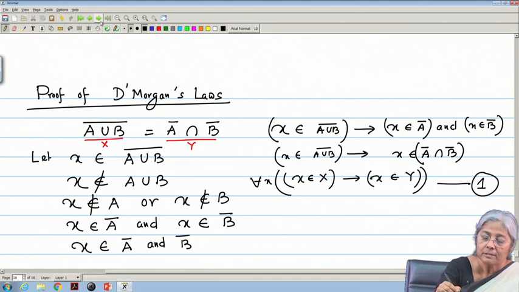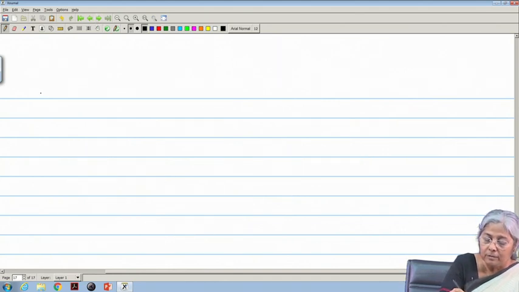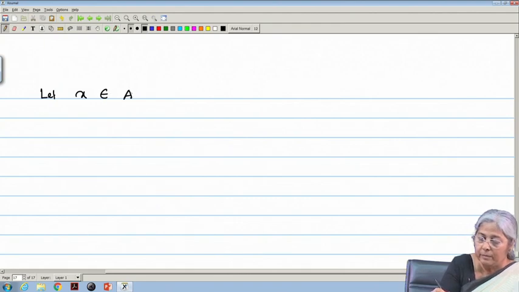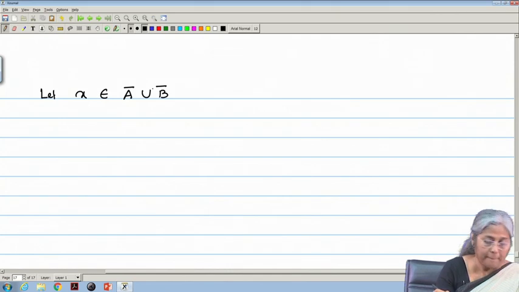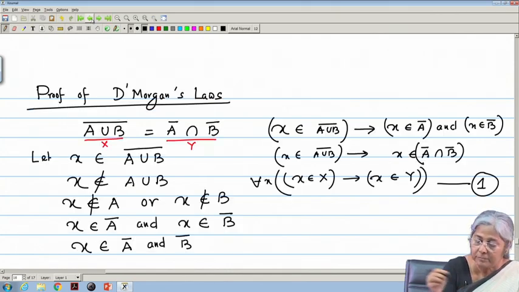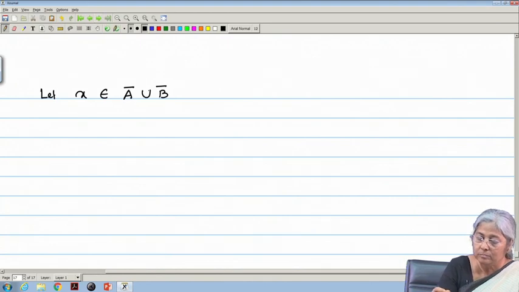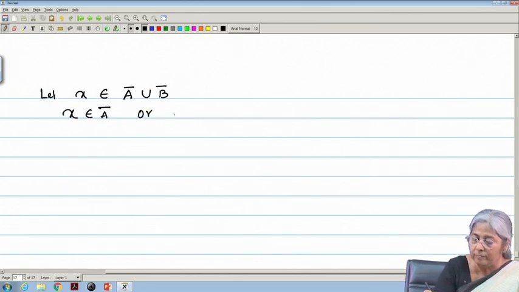Similarly, the same way, let x belong to A complement intersection B complement. This means x belongs to A bar or x belongs to B bar.